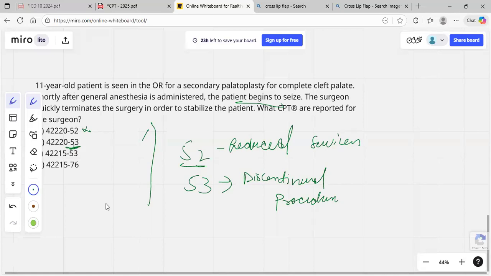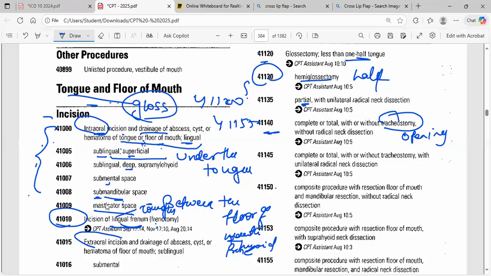Okay, ma'am. Clear? So the answer should be B only. You guys got the correct code, but the modifier should be 53 instead of 52. Okay, now let's move to another part.